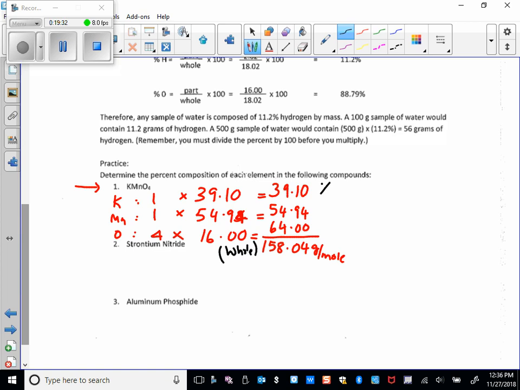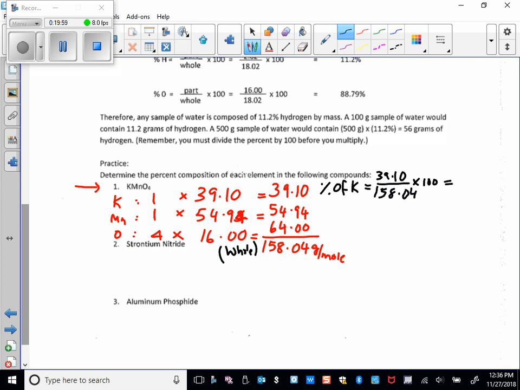So I need to find percent of potassium. How am I going to do that? That is 39.10. Did we have that for potassium? Divided by, what is my whole? 158.04 times 100.